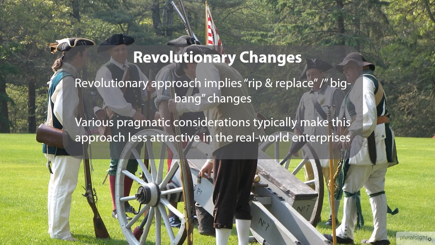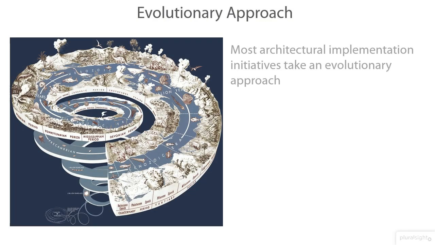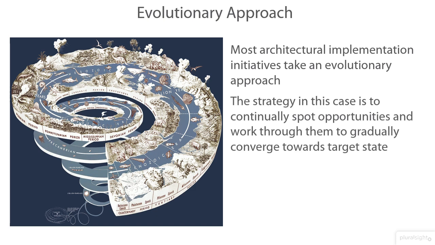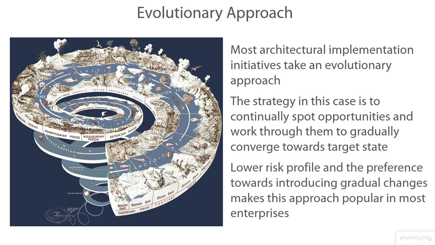Instead, most architectural implementations follow an evolutionary approach to realizing architectural changes. The strategy in this case is to continually spot opportunities and work through them to gradually converge towards target state. Most organizations prefer this approach because it enables transforming the architectural landscape while progressively mitigating risks and issues associated with the change.